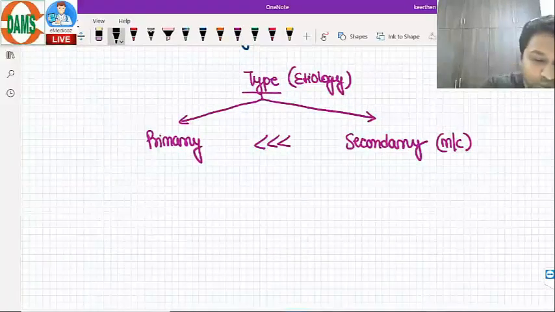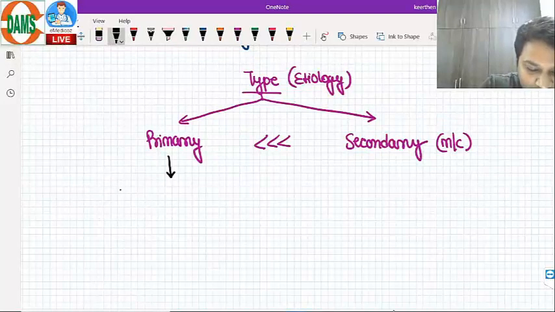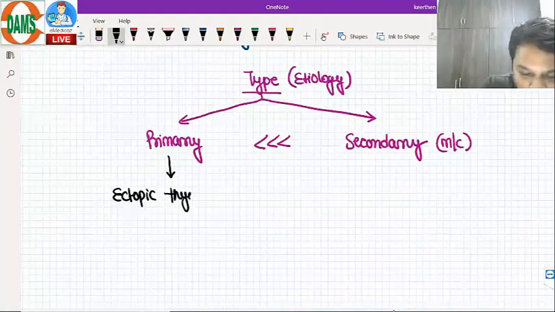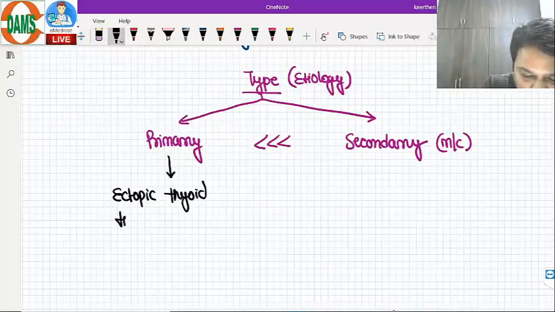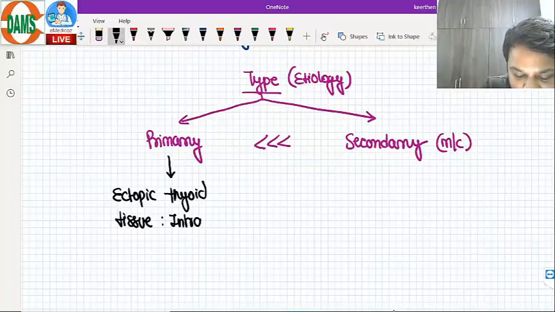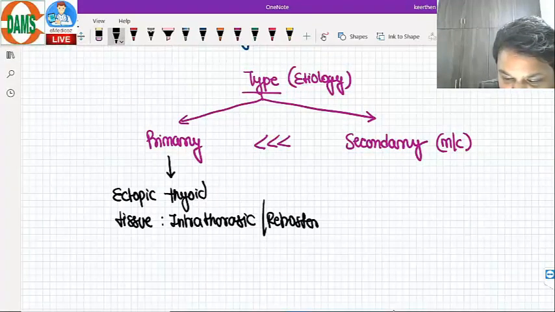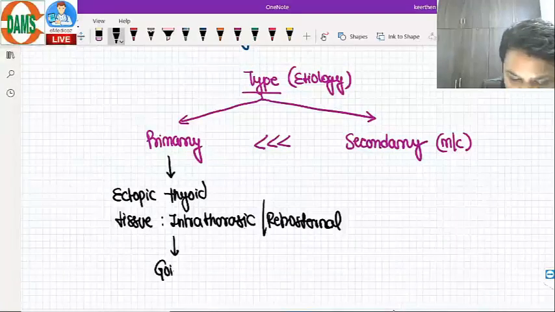Now, when do you call it a primary retrosternal goiter? When you have an ectopic thyroid tissue in the intrathoracic region, or I can say in the retrosternal region, and that forms into a goiter.